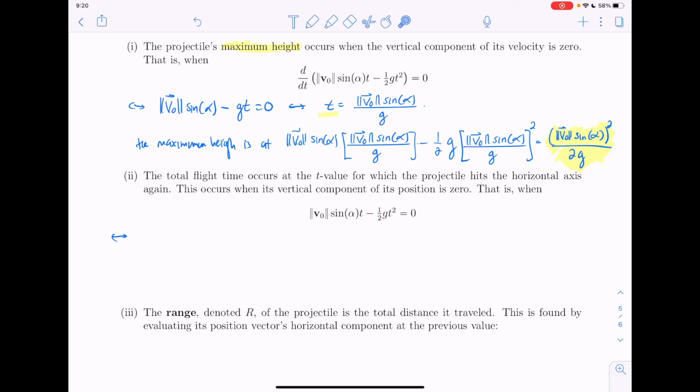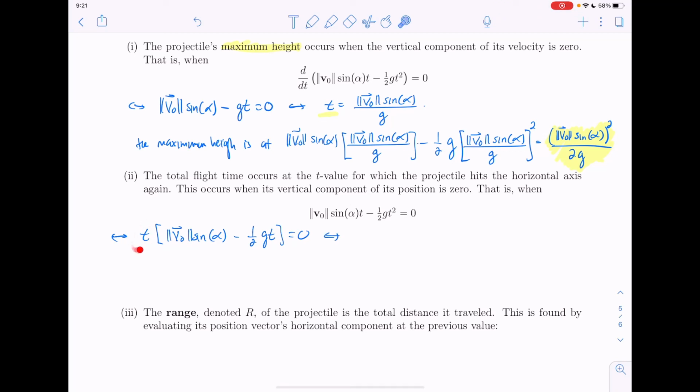You can't cancel the t unless you know the t is non-zero. The correct way to do this is to factor a t out. We'll get t times the magnitude of the initial velocity times sine of the firing angle minus 1/2 gt is equal to 0. And this gives rise to two equations.